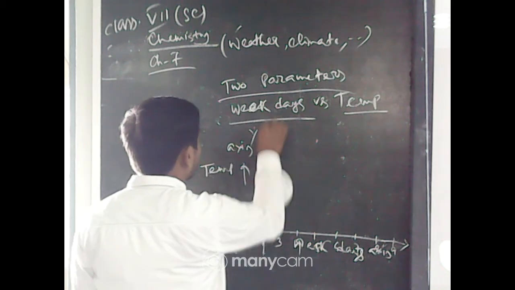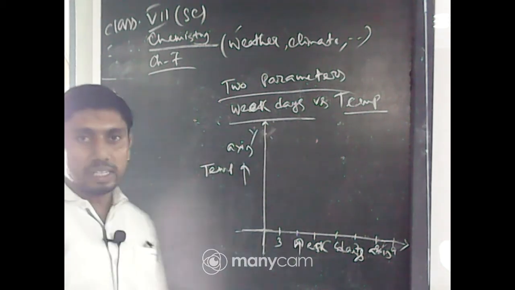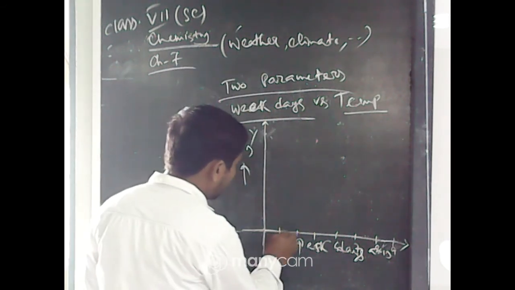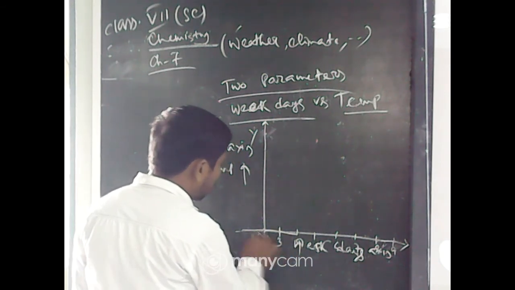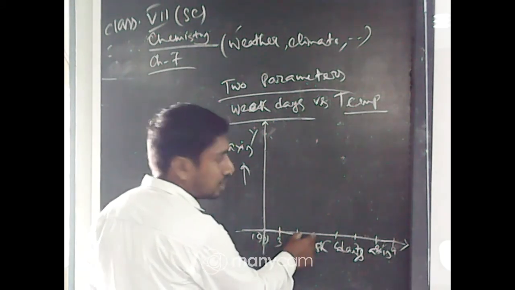The main important point here is that the distances should be equal, from 0, 0 to 3, and between each of these.